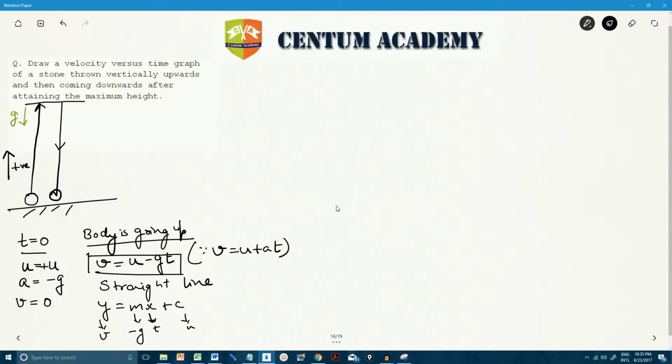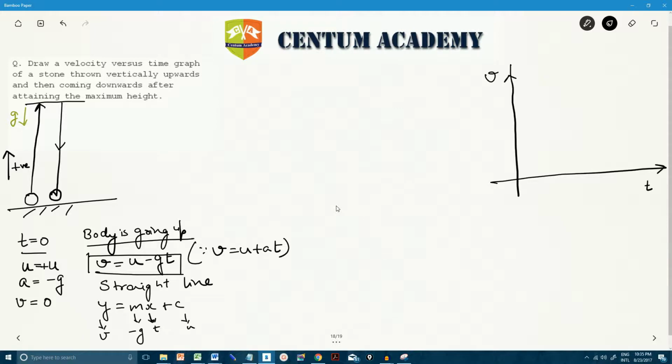So if you plot this, let's plot it here. Okay, let's say this is time t. Now this is my velocity axis.